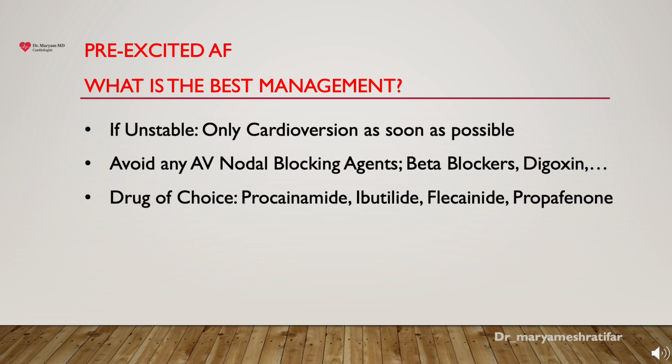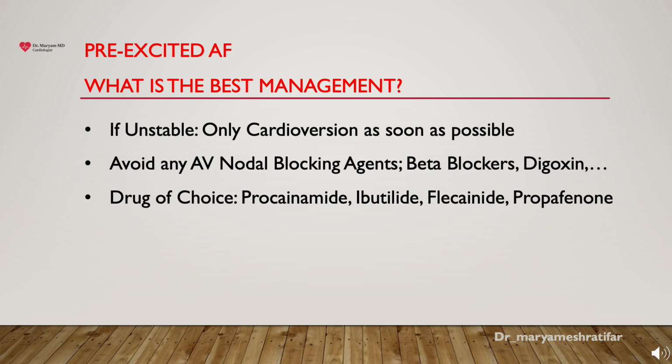With class of recommendation 2A, the medications in pre-excited AF are procainamide, ibutilide, flecainide, and propafenone. And if these medications are not available, electrical cardioversion is the only appropriate treatment.